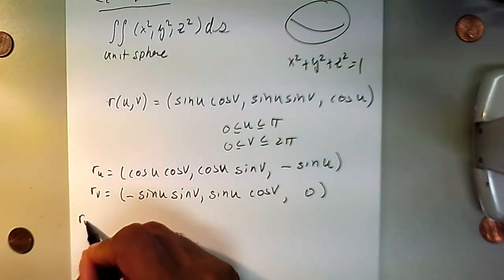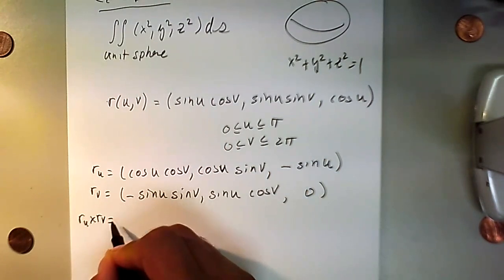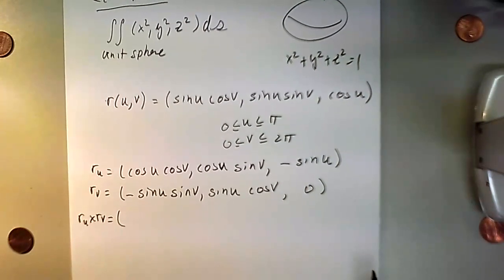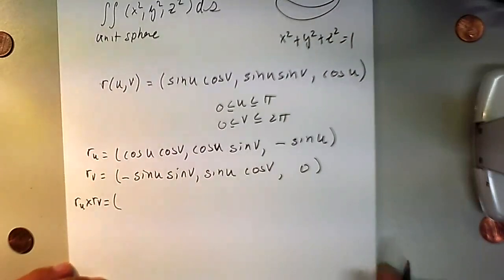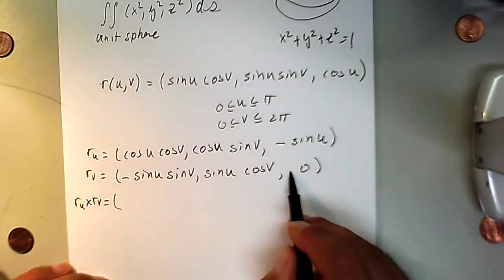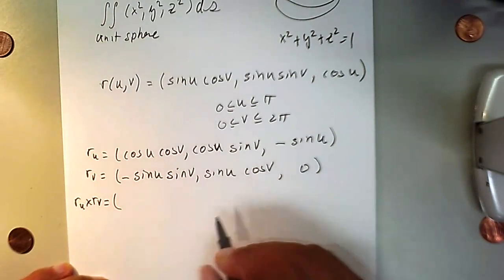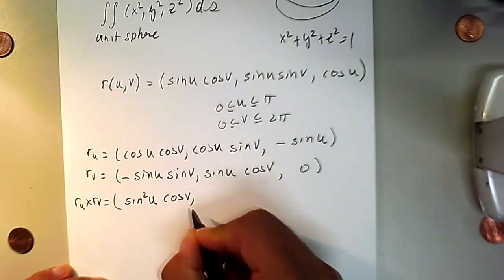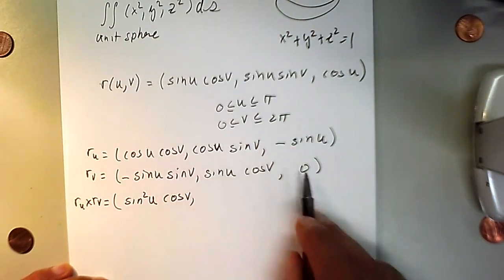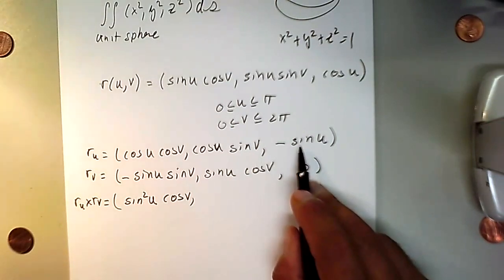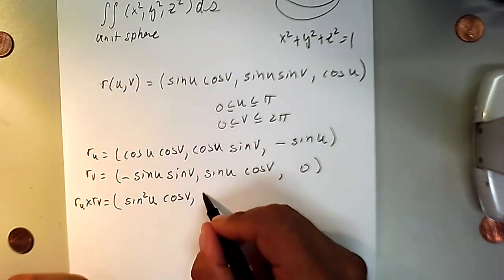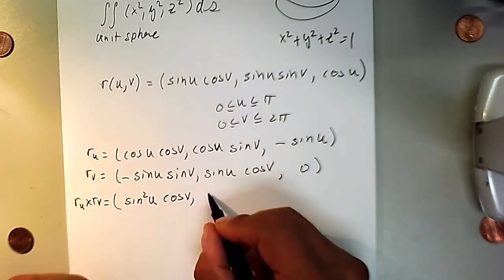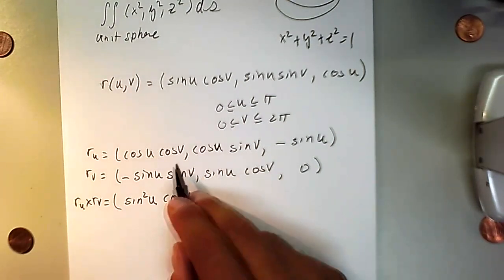Our r_u crossed with r_v, man, it's going to be a little bit long. So 0 plus sine squared of u cosine v, and then we're going to do 0 minus that, but then there's an extra negative, so we will have, I just got lost for a moment.